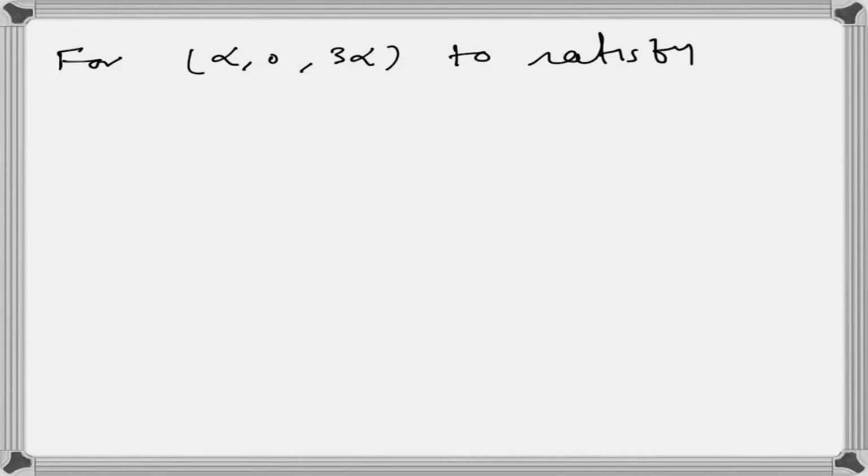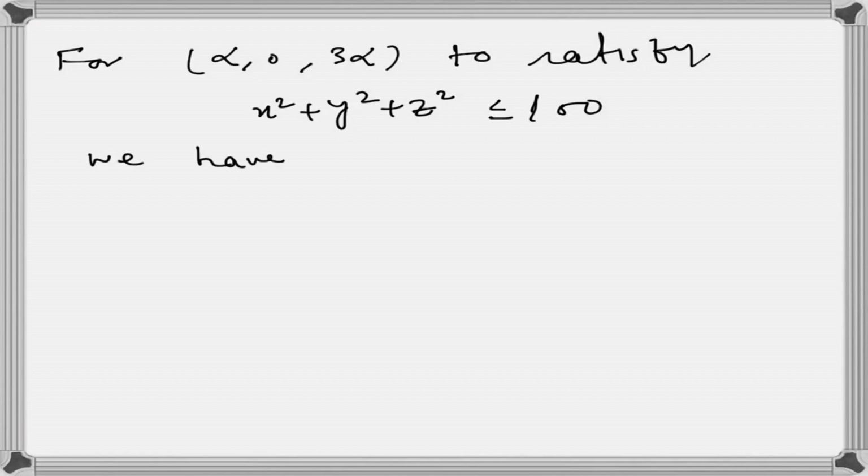Okay, so for (alpha, 0, 3 alpha) to satisfy x square plus y square plus z square less than or equal to 100, we have alpha square plus 9 alpha square less than or equal to 100.